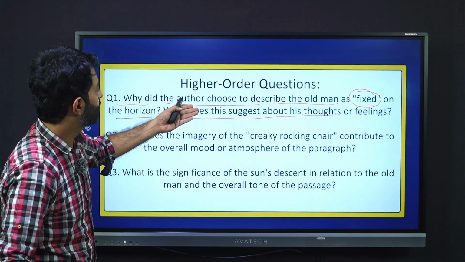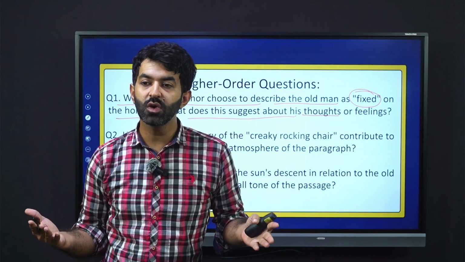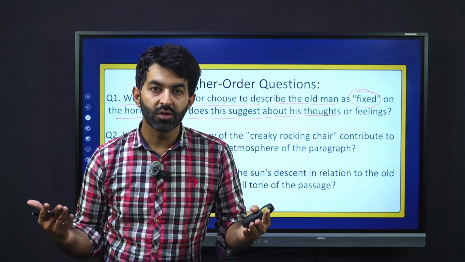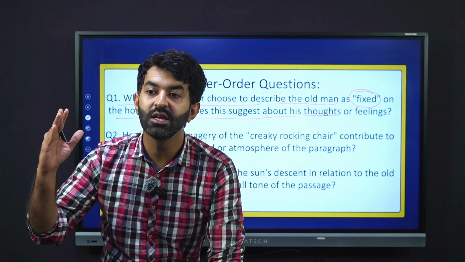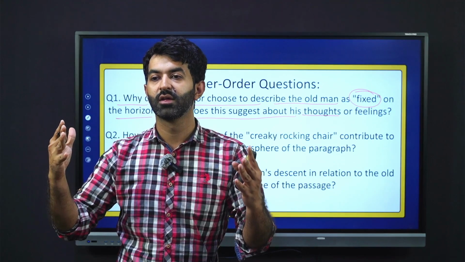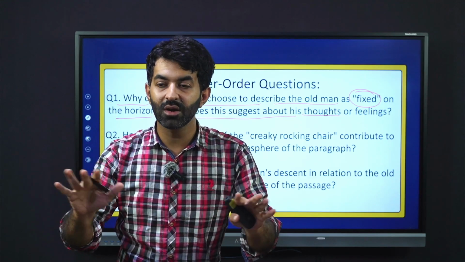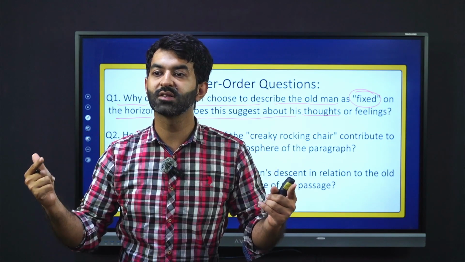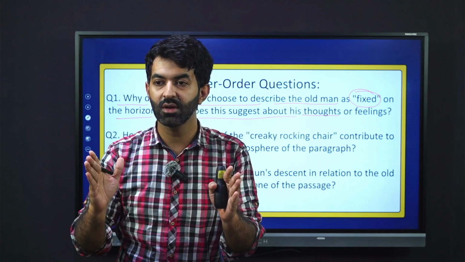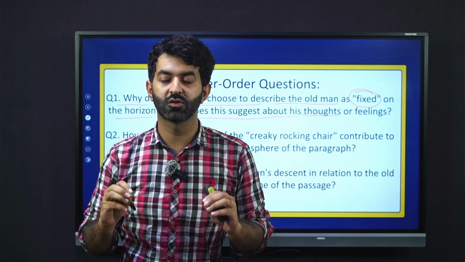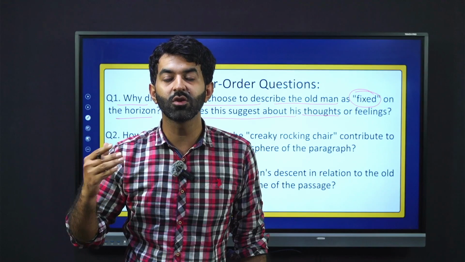So, why did the author choose to describe the old man as fixed on the horizon? Why did he choose this word? Fixed. So, the purpose of this is showing that the old man is in a deep thought. He is thinking something deep. Like when we think about something, our gaze gets fixed somewhere, and when someone disturbs us, or a sound comes, we immediately come out of that thought. So our eyes are fixed, it means fixing on the horizon. The idea of choosing this word, what is the logic? To tell us that the old man is in a deep thought. He is in a state of deep thinking.